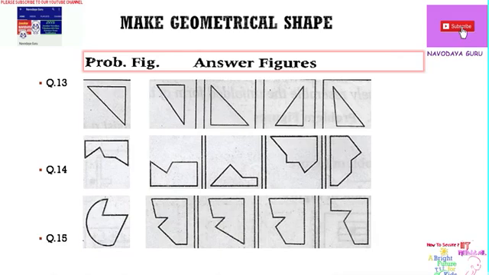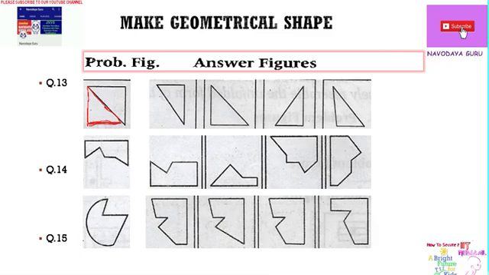Let's go to question number 13. When we complete this missing part, we have this line, and when we join this line with this, we have a rectangle or square formation taking place. So we need to see that this is a triangular shape. It's a triangular shape which is going to come up.